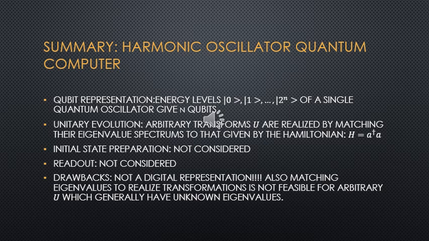Now, before I conclude, I'd like to point out that this description assumes that you know the derivations, that you know how a harmonic oscillator operates as a quantum system.